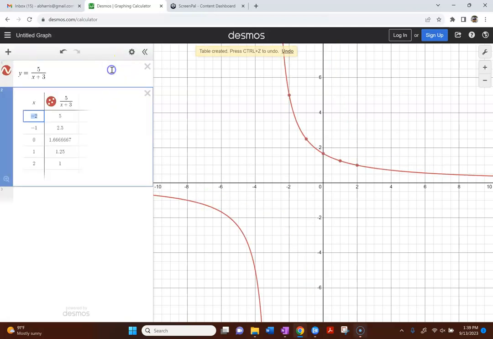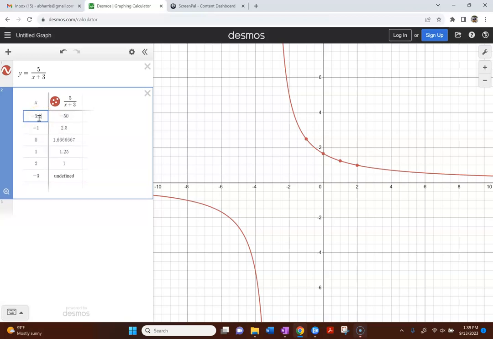Let me do a little table of values. I'll put -3 down here. I know it's not defined, but let me get closer and closer to -3. So I'll start with -3.1, get a little closer, -3.01, a little closer, -3.001. Again, I'm approaching -3 from the left.